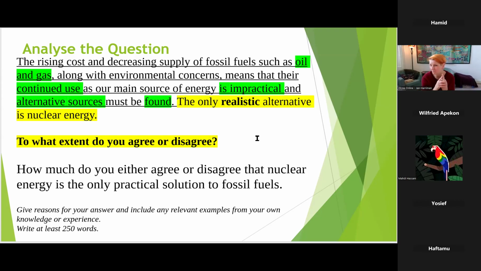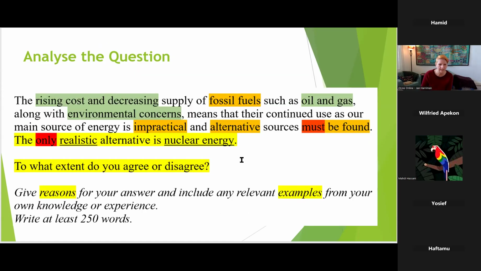It means maybe cost effective, maybe available. Doesn't work out very well if it's not available as an alternative, right? So there's ways that we can work with this. So the only realistic alternative is nuclear energy. Do you agree or disagree? And how much do you agree or disagree? Okay, so, right.